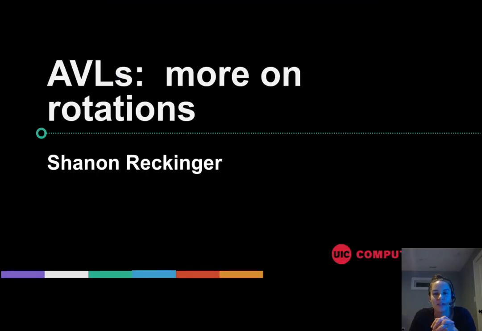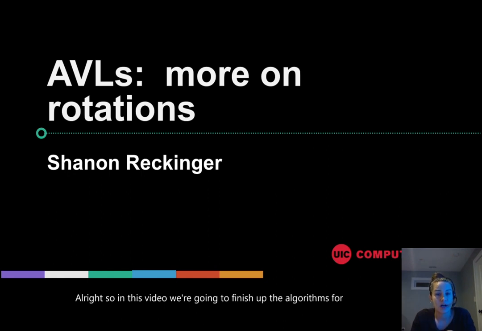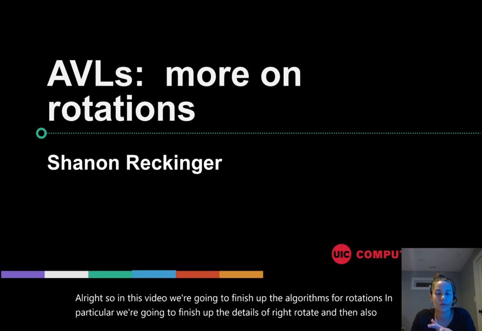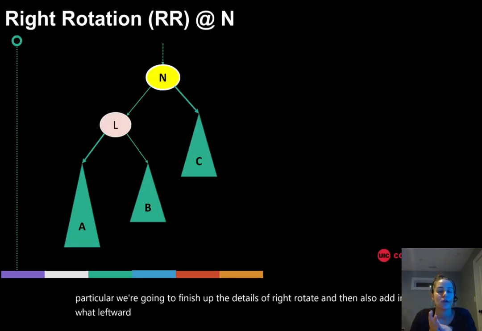Alright, so in this video we are going to finish up the algorithms for rotations. In particular, we're going to finish up the details of right rotate and then also add in what left rotate looks like. So right rotate is the operation that you perform on left-leaning trees like this one.